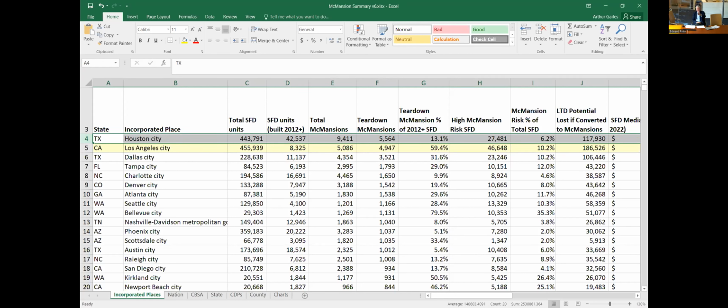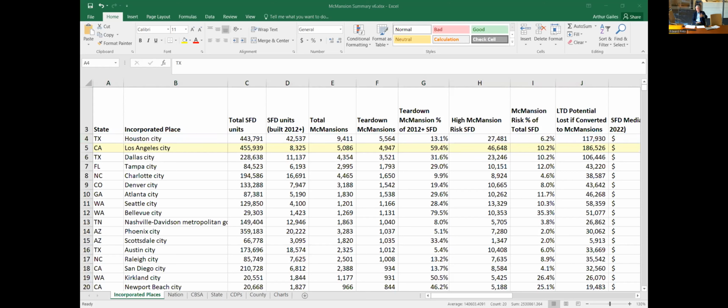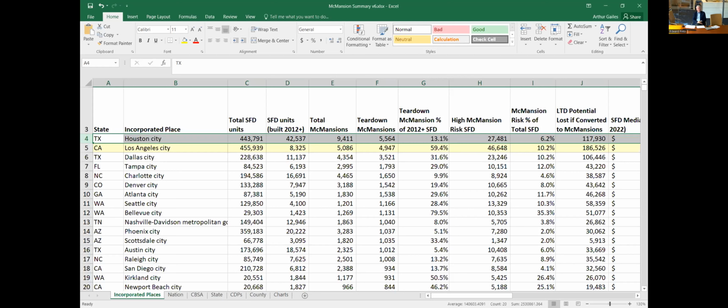Again, if they built 8,000 and 5,000 were McMansions, that's really only 3,000 extra units. Houston built 42,000, of which a little over 5,000 were McMansions. It had 37,000 extra units. So you can see Houston is building a lot more net new units, just as single family detached, than Los Angeles. Plus, Houston also had all those other units that got built that we alluded to earlier under some changes to their land use laws going back to 2000.